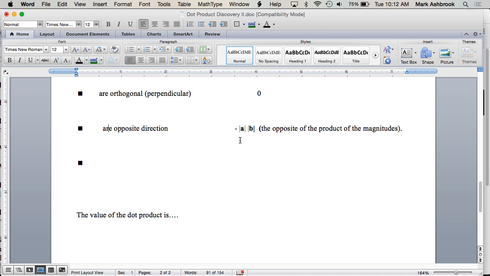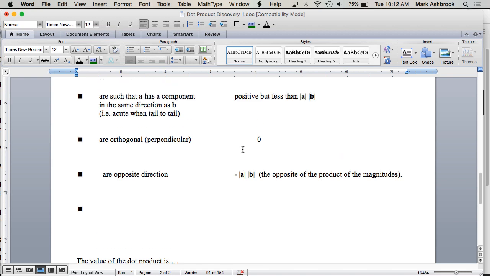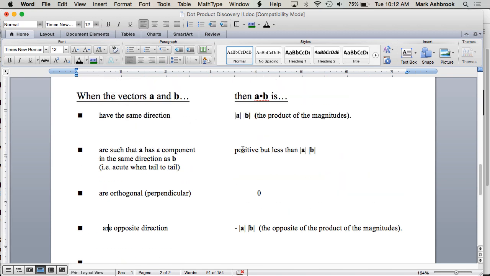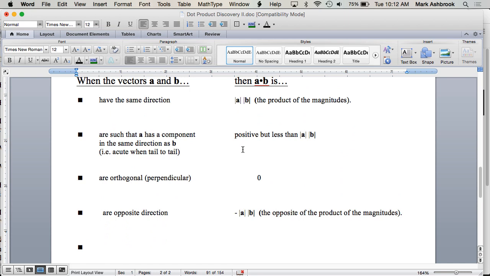Opposite direction, then you get the negative product of the magnitudes. Okay, so then when they make an acute angle, so they're pointing in somewhat of the same direction, but not quite, then what do you get? You get a positive number, but it's less than the product of the magnitudes.